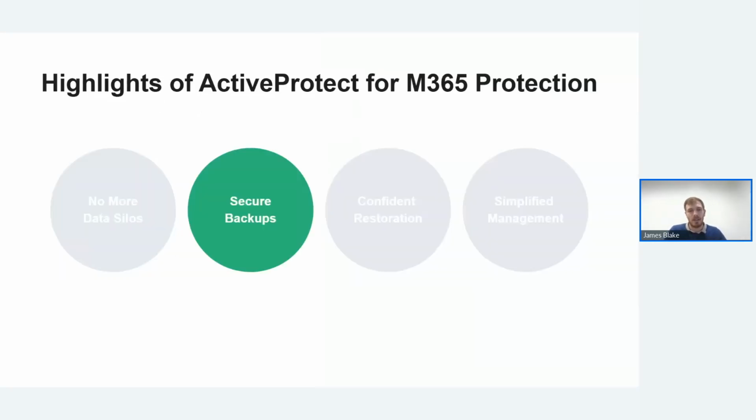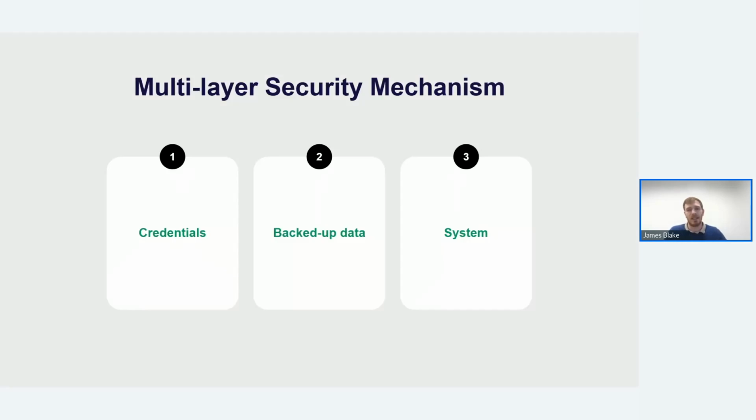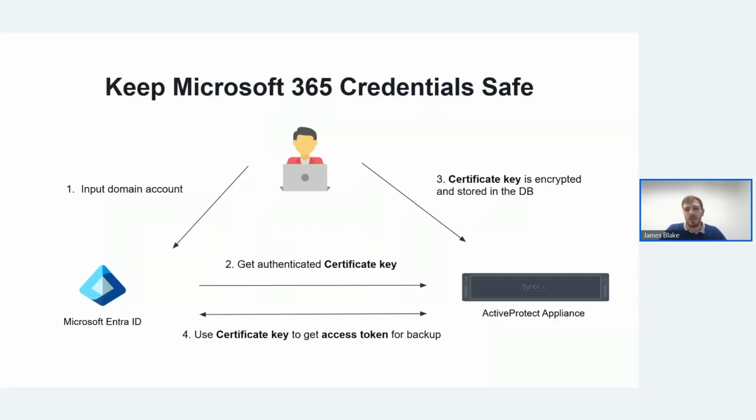The next aspect we need to look at is the security of the backups. So Active Protect employs multi-layer security mechanisms to protect credentials, data, and systems. When setting up a Microsoft 365 backup, a domain account is required to establish the connection. And for enhanced security, Active Protect doesn't solely rely on the domain account for ongoing access. Instead, it uses a certification key to obtain an access token, creating a secure connection between 365 and the Active Protect appliance.